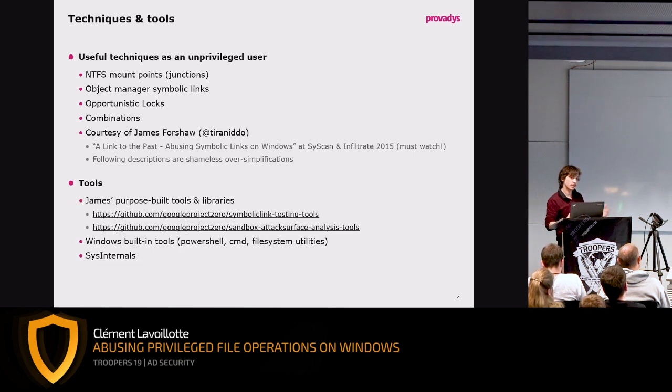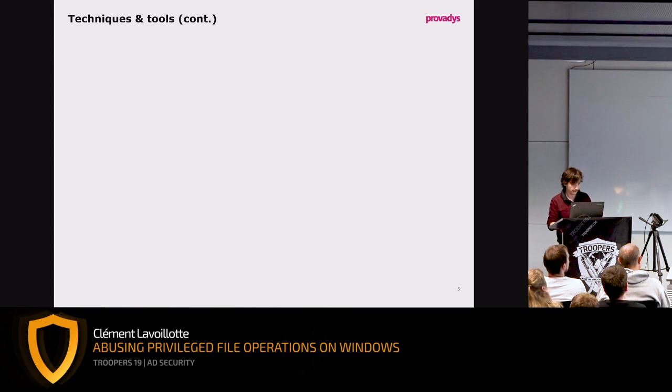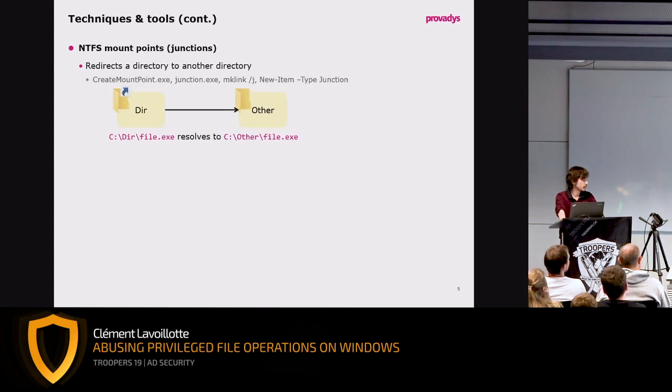And he also implemented them in a toolkit and a library that we can use when the built-in tools do not exactly fit what we need. And these techniques and tools made, in my opinion, this type of file system attacks a new kind of low-hanging fruit for privilege escalation.